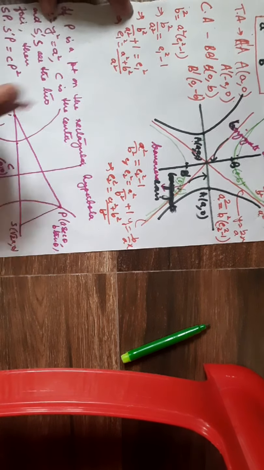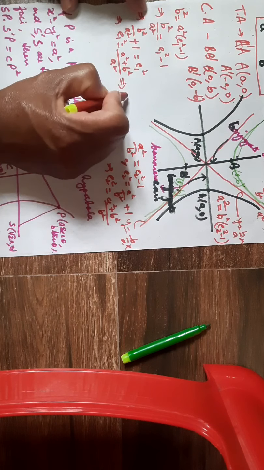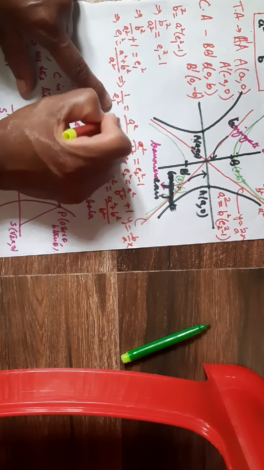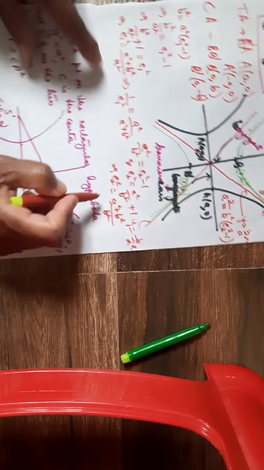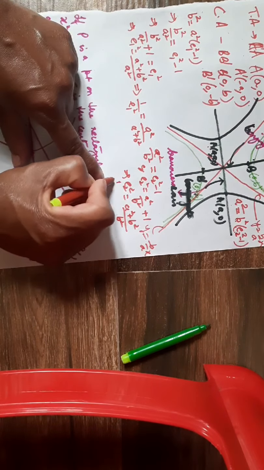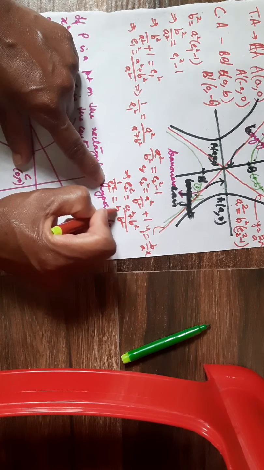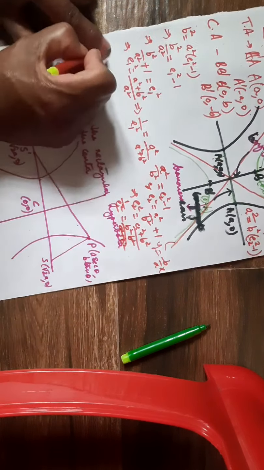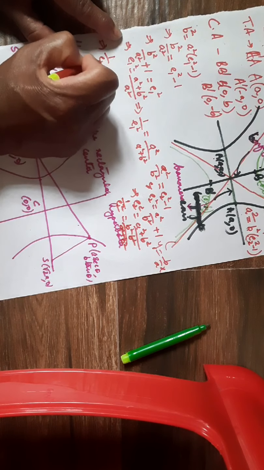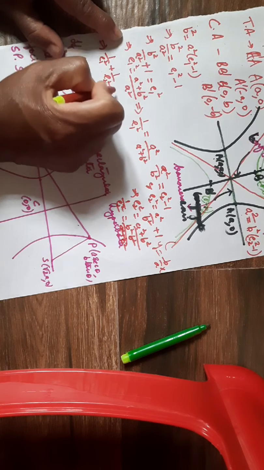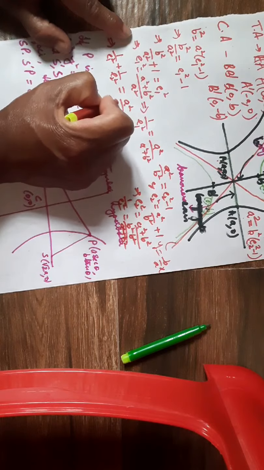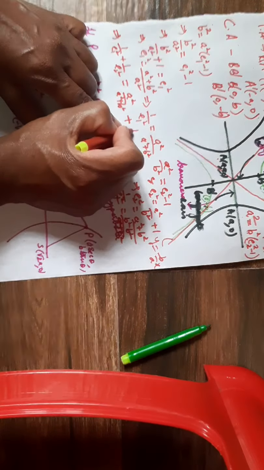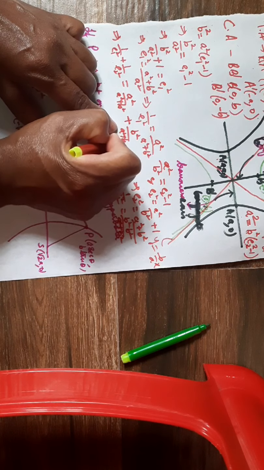Now let us find 1 by e1 square, the inverse of this. It will become a square by a square plus b square, and 1 by e2 square is equal to b square by a square plus b square. So 1 by e1 square plus 1 by e2 square is equal to a square by a square plus b square plus b square by a square plus b square.